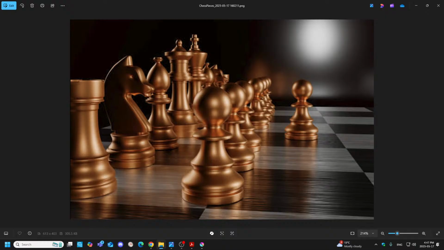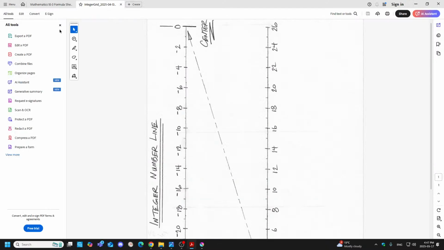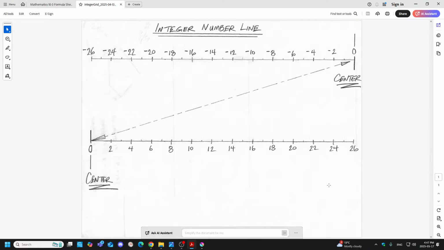Give me a sec, guys. I thought I had it open, but I don't. Here we go. Okay. Close this, rotate this.